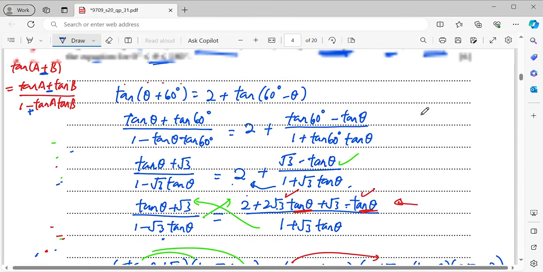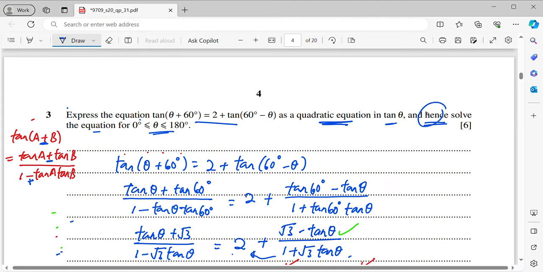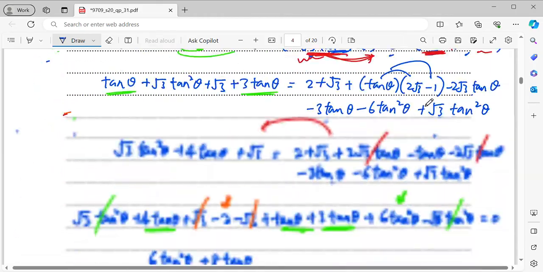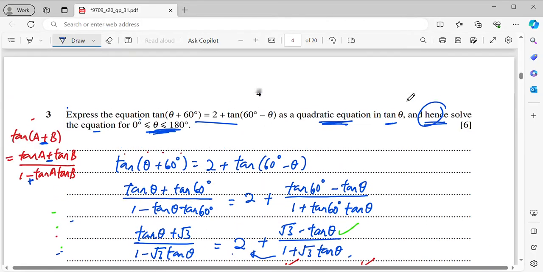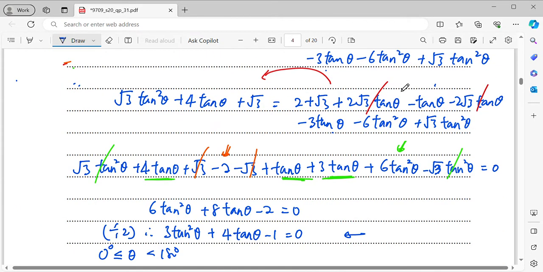Okay, now according to the question, hence solve the equation for 0 to 180 degrees, which means hence use this last answer. So I will rewrite first our θ from 0 to 180 degrees, both inclusive.